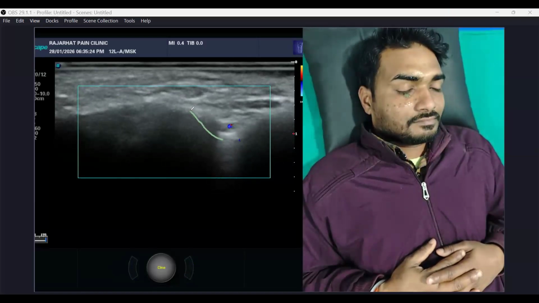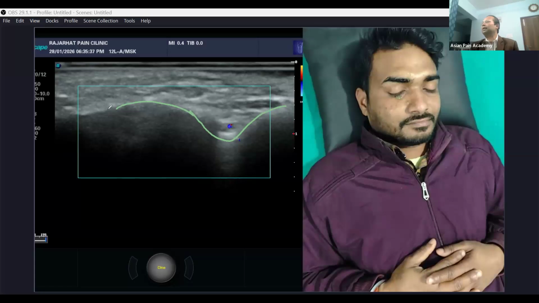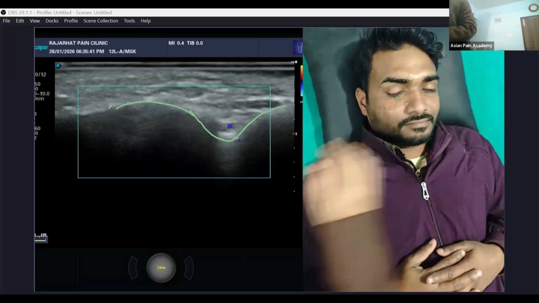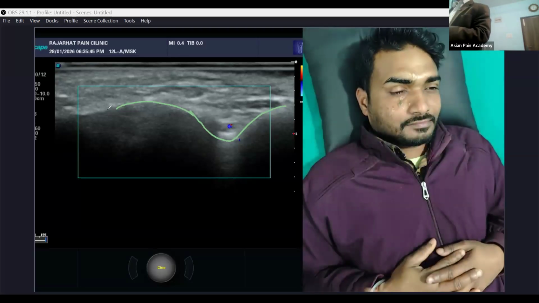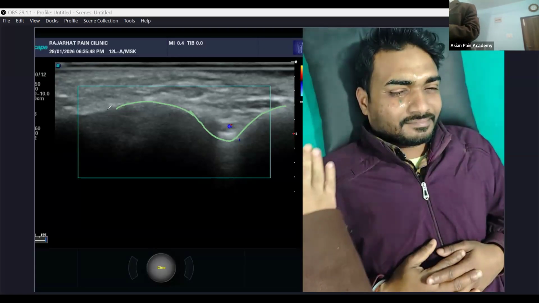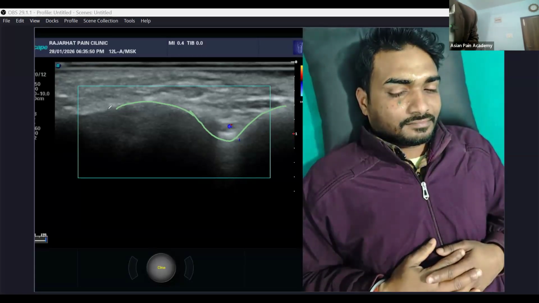For this image, should we be at the head end of the patient and do an ultrasound and inject? Yes, that is possible. The head end side will be better, but we have injected from this side also. It is not necessary, not hard and fast.